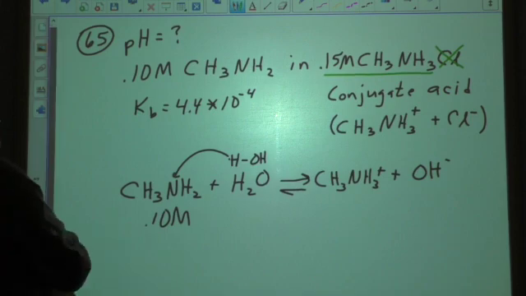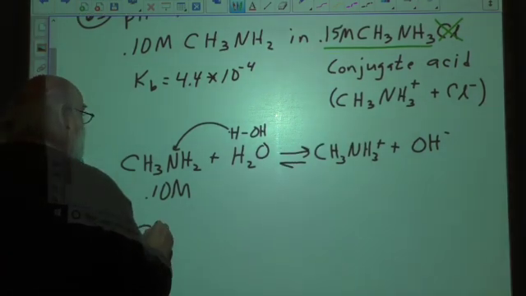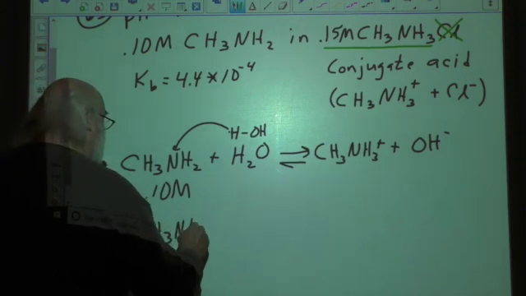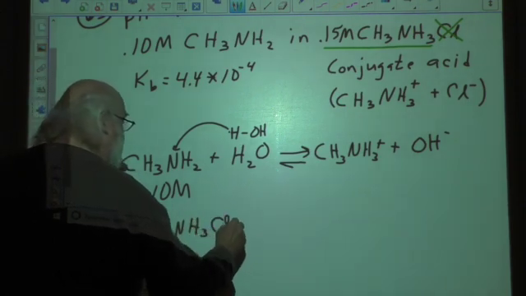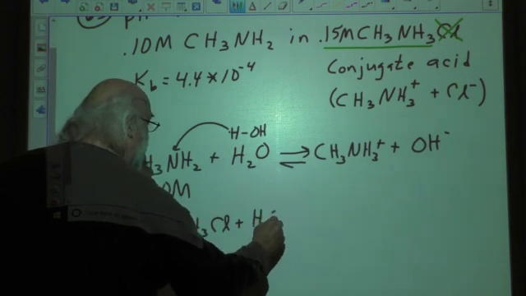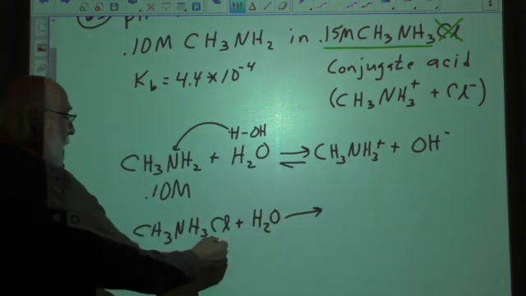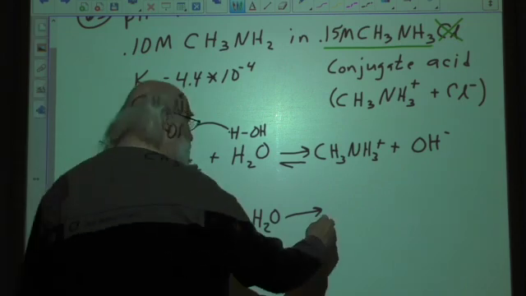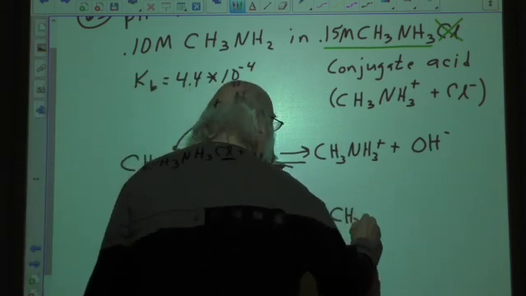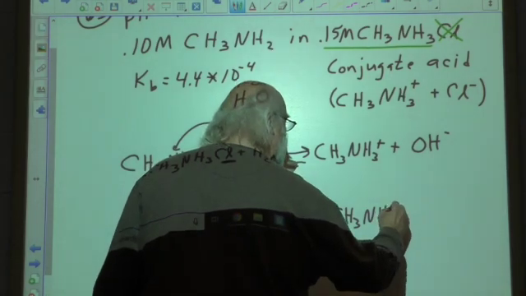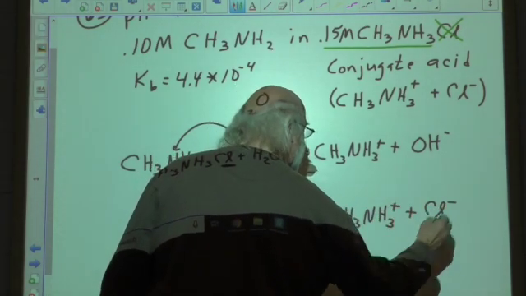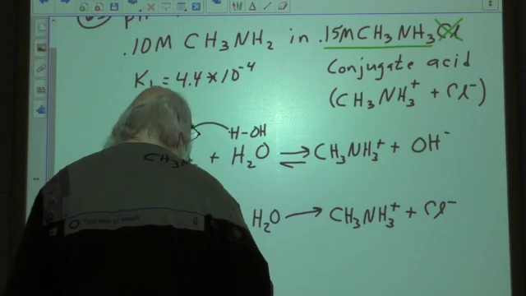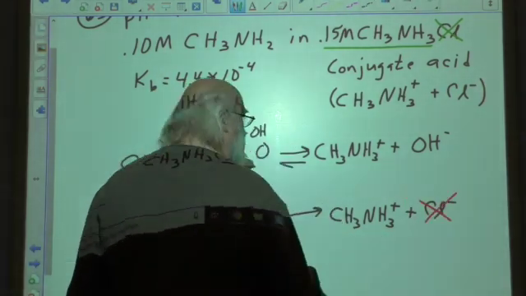In fact, let's do that. If we have CH3NH3Cl plus H2O, that's a single arrow reaction because of that chlorine, which is the halogen there. And this is going to form CH3NH3 positive plus Cl negative. And again, that's a spectator ion, and that's not going to do anything.